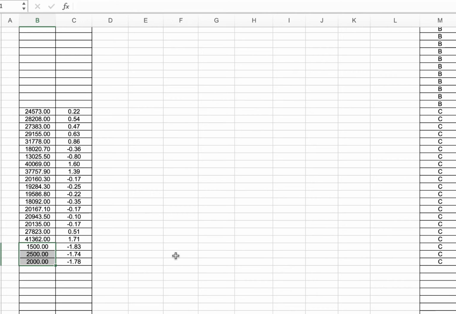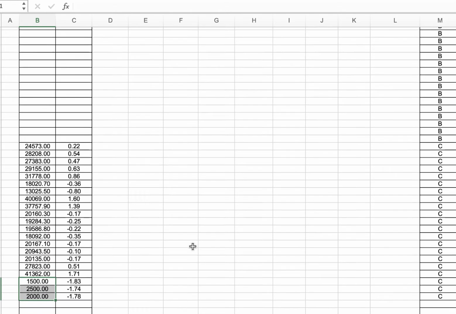We have these nice round numbers, 1500, 2500, 2000. This is probably just an error in our data or something like that. So not a clear outlier, but if we look carefully, we can still see that, wow, there's these 3 values that don't really make a lot of sense in our data.